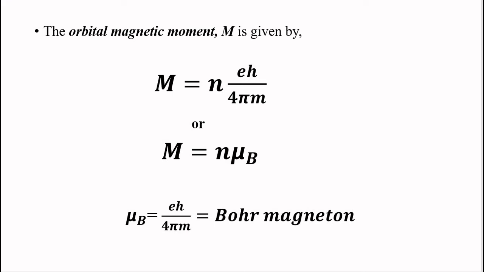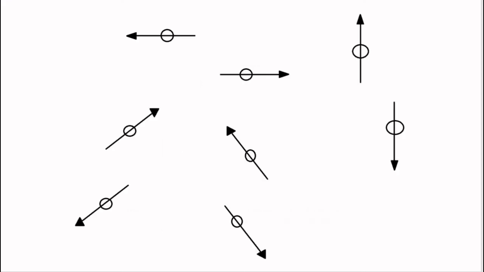When a paramagnetic material is away from an external magnetic field, the orbital magnetic dipole moments, because of the revolving electrons, are randomly aligned in random directions.